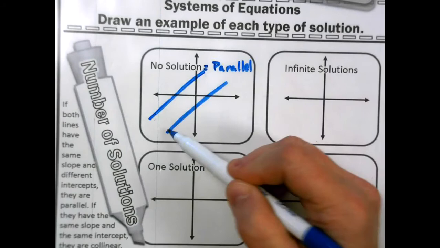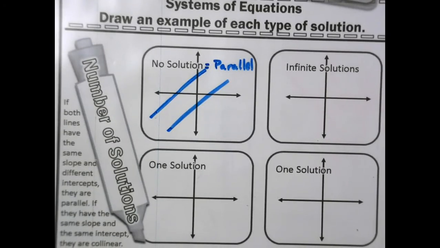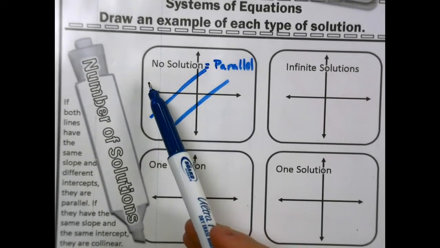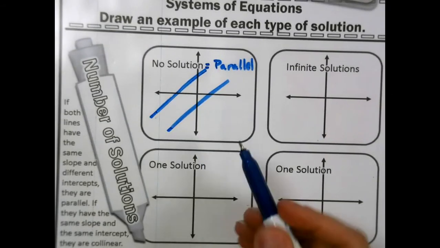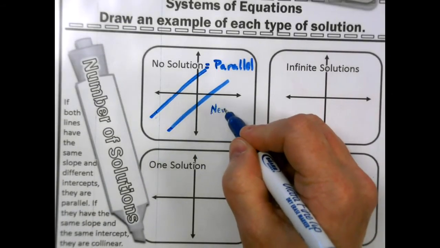They don't have to be exactly like mine, but draw two parallel lines somewhere on that graph. Parallel. So they have no solution because they never intersect, right?